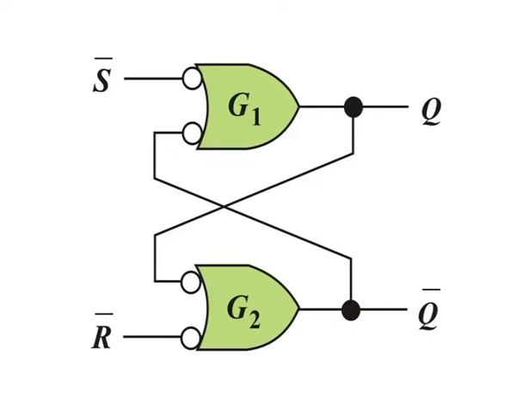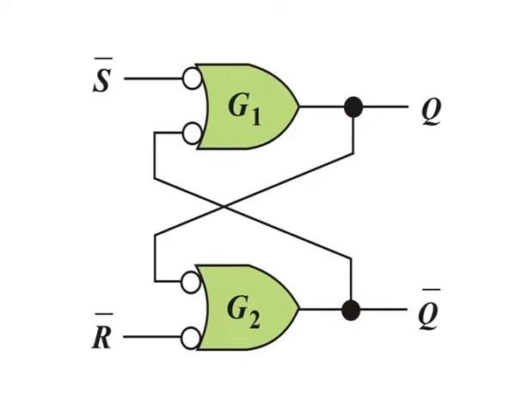With the low on the R bar input and a high on S bar, the output of gate G2 is forced high. The high on the Q bar output is coupled back to an input of G1, and since the S bar input is high, the output of G1 goes low.